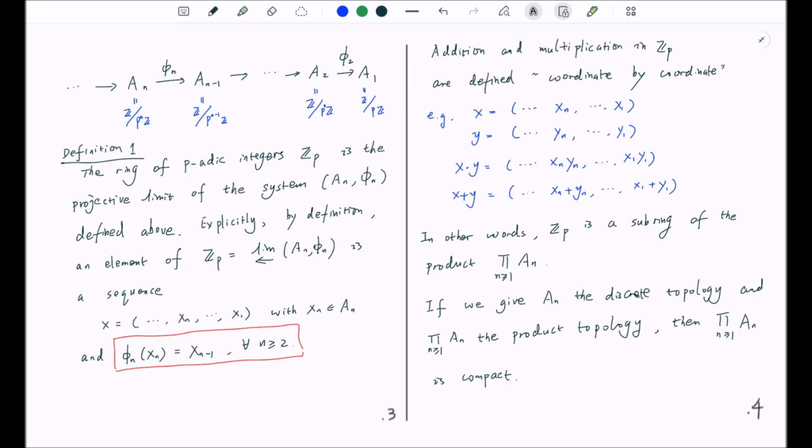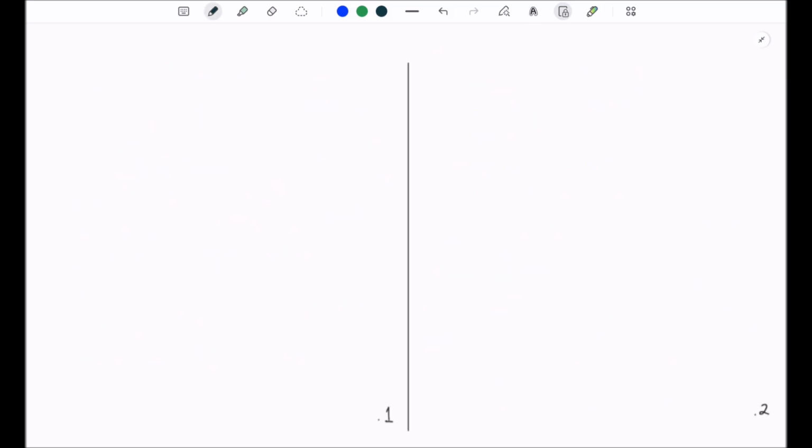And we let Z_p inherit the subspace topology from this infinite product, which is a compact space. And it turns out that Z_p is a closed subspace of this compact space, and therefore is also compact. We are going to read this as a claim.